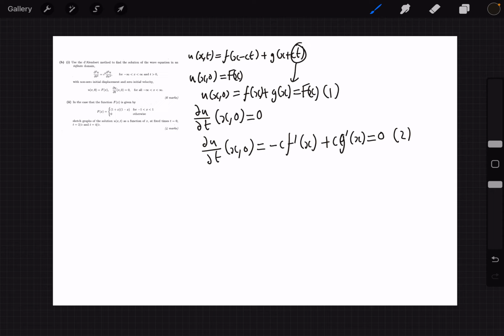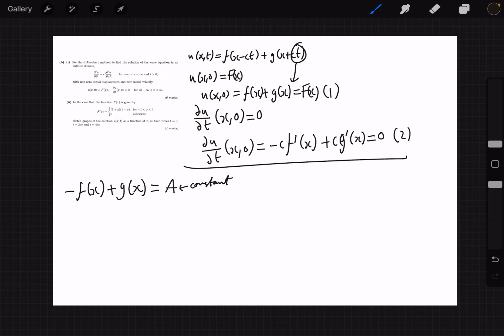So integrating the second equation that we have here, we can find that it equals this, and we get a constant. Well, we're not given a constant, but it gives us a constant when we integrate. And now we can combine this equation with the first to give us this really useful equation.